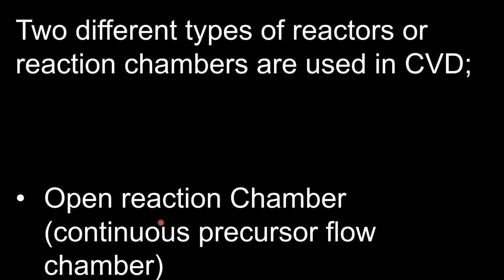Whereas another type of reaction chamber used in CVD systems is known as the open reaction chamber, which involves a continuous external flow of the precursor material in a gaseous form inside the reaction chamber. This open reactor basically gives you well controlled deposition of thin films. So most CVD systems are based on open reaction chamber systems.